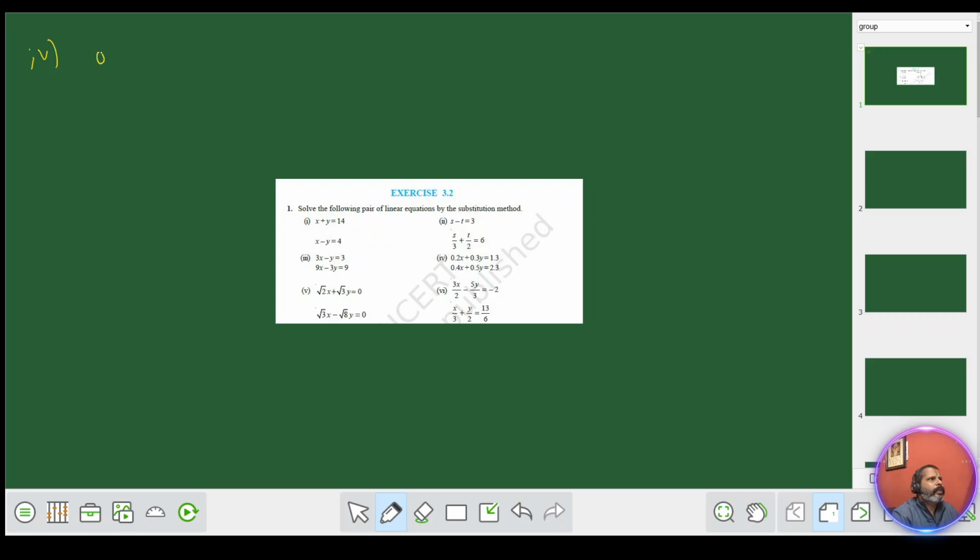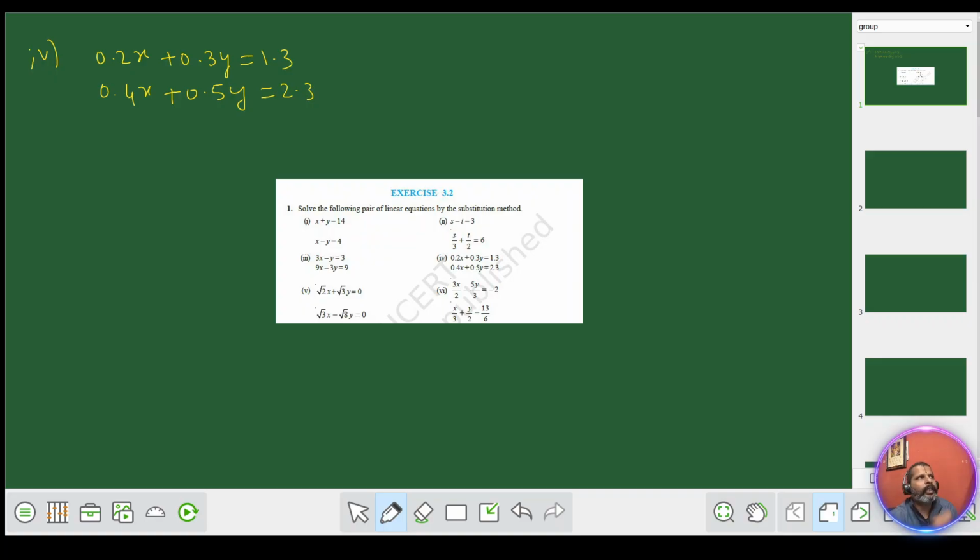What are the equations? It's a decimal one. 0.2x plus 0.3y equal to 1.3, and 0.4x plus 0.5y equal to 2.3. Again, I'm repeating: before you start the substitution method for solving the equations, it's up to you, you can manage the given equations to your convenience.